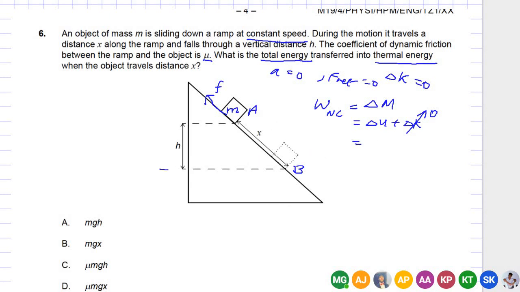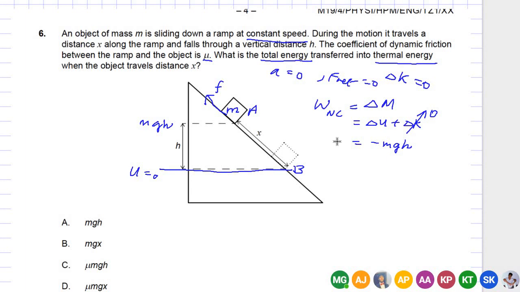If you define the final potential energy at this lowest point as 0, it's an arbitrary value. You can define potential energy at any point as any value. Only the change matters. So final is 0, and initial, it's at a height h above it, so it will be mgh. So the change in potential energy is 0 minus mgh, so minus mgh.